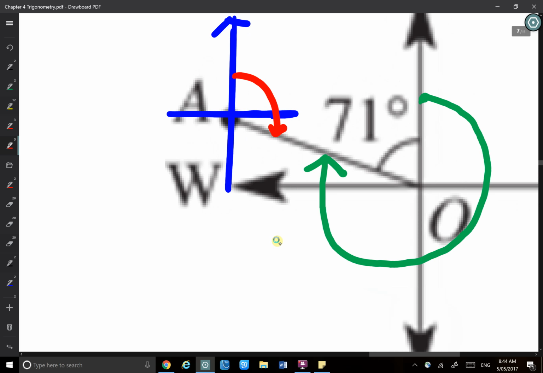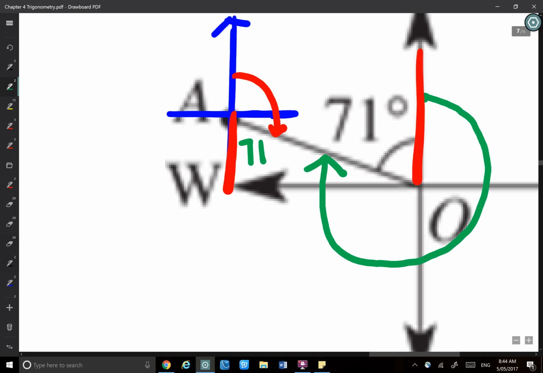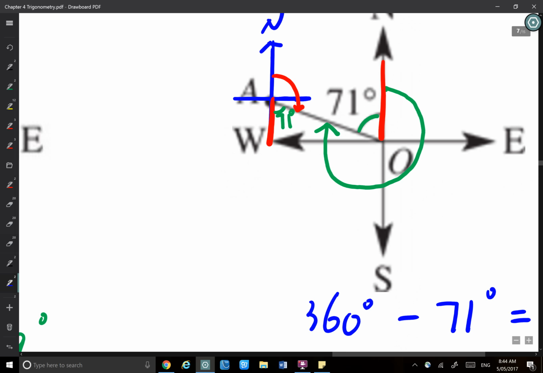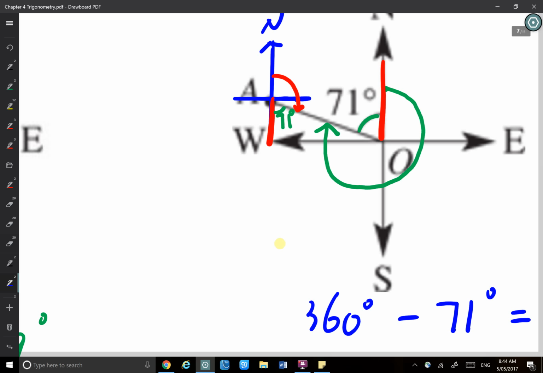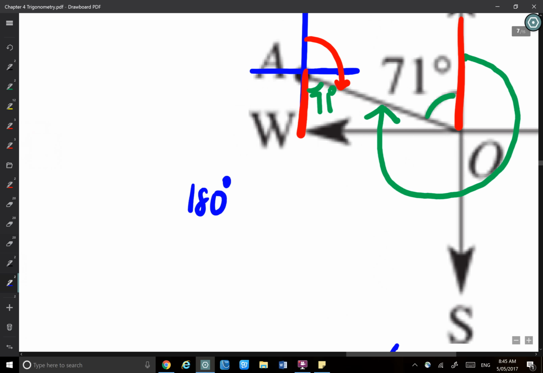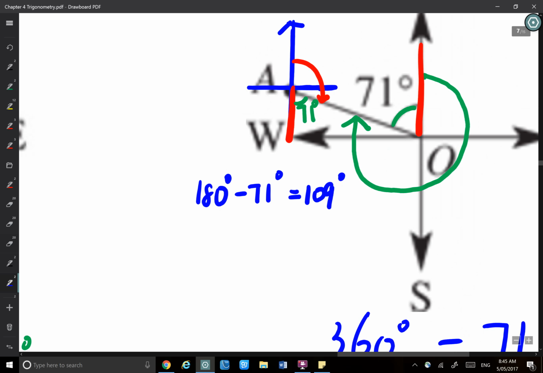And you can see the north here and here, they are parallel lines. Those two red lines are parallel because they're both facing north. Therefore, here is 71 degrees as well, because this angle and this angle will be the same. If you go from north to south, it's 180 degrees, so 180 degrees minus 71 degrees is 109 degrees.